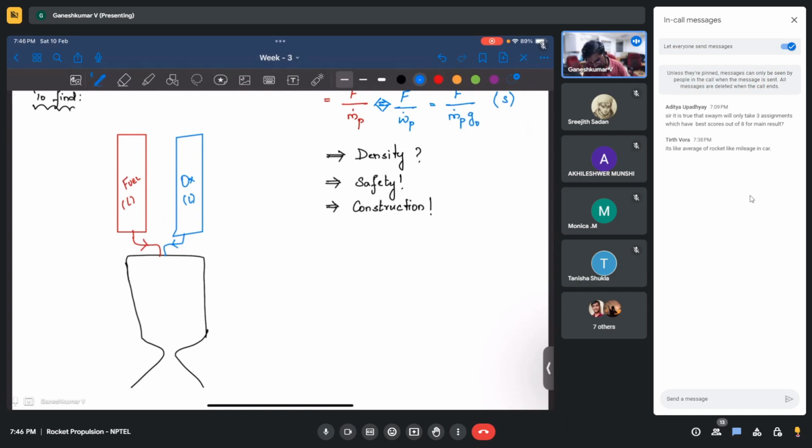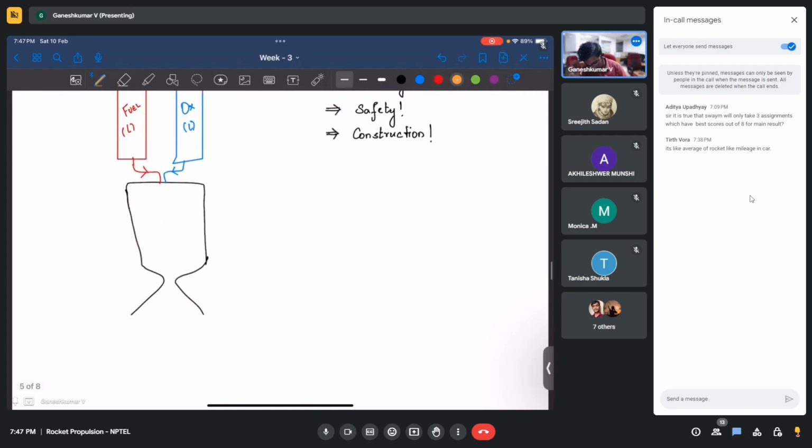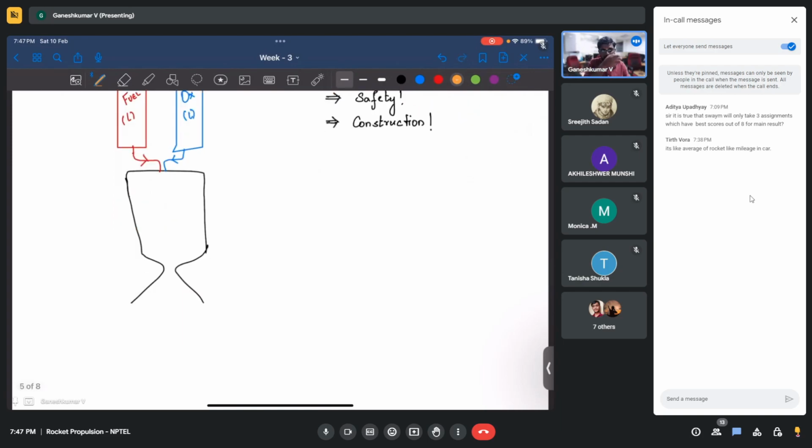Now what happens? You need to carry these tanks. These are nothing but tanks, a fuel tank and an oxidizer tank. If you want higher pressure in the combustion chamber, higher pressure actually leads to higher performance, which you will come to know soon when you study those chapters. So you need a pump to increase the pressure.